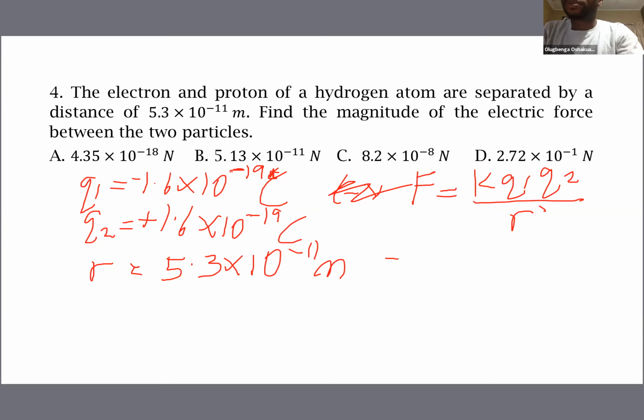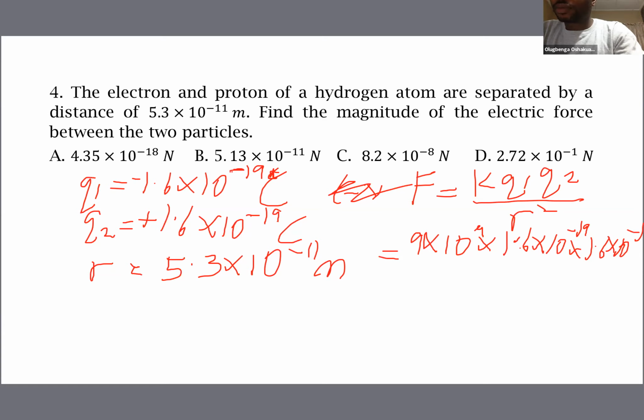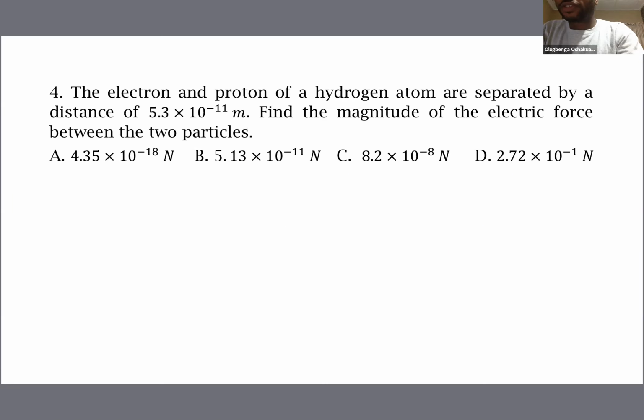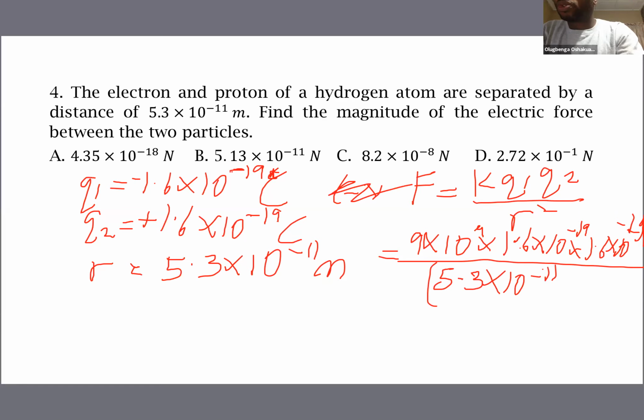And that is equal to K. We can approximate K to be 9 times 10 raised to the power 9, times Q1, we're interested in the magnitude, 1.6 times 10 raised to the power minus 19, times Q2, 1.6 times 10 raised to the power minus 19, divided by the distance of separation, which is 5.3 times 10 raised to the power minus 11, all squared.